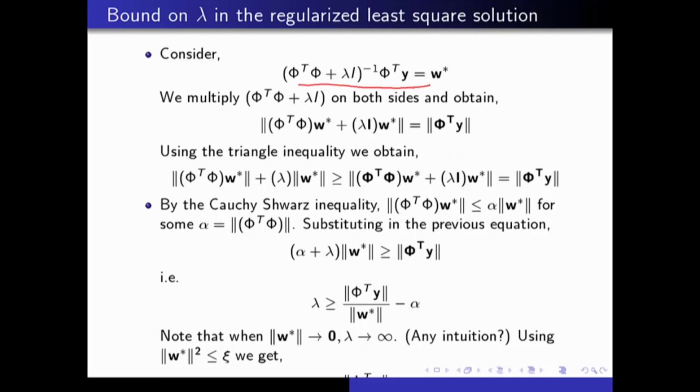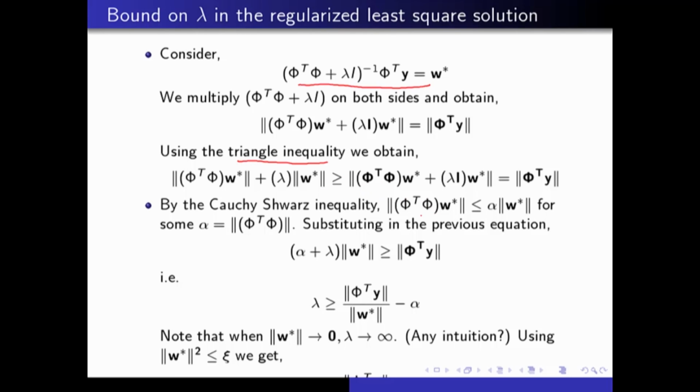We bring phi transpose y to one side and lambda W star to the other side. That's what we have done. And then we also take the norms to get this inequality. On this norm, we invoke the triangle inequality: the norm of phi transpose phi W star plus lambda W star should be greater than or equal to the norm of the sum. The sum of the norms is greater than or equal to the norm of the sum.